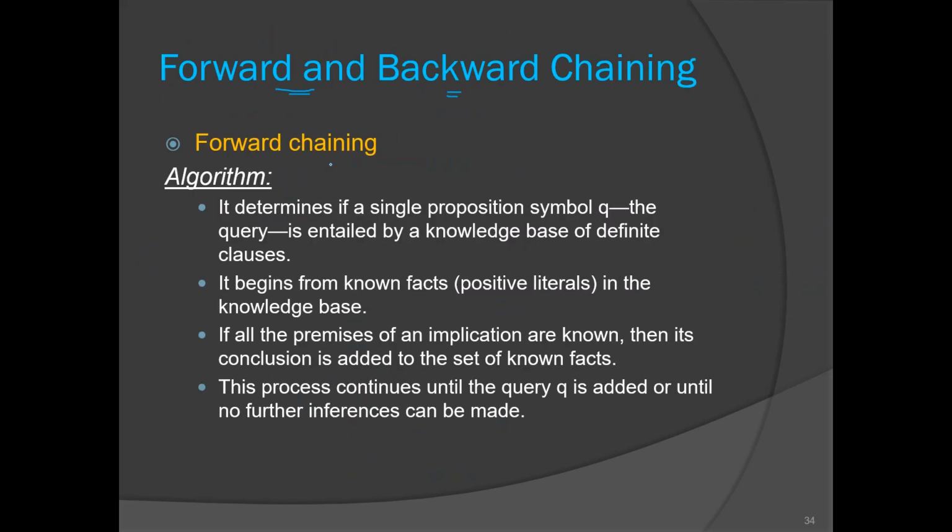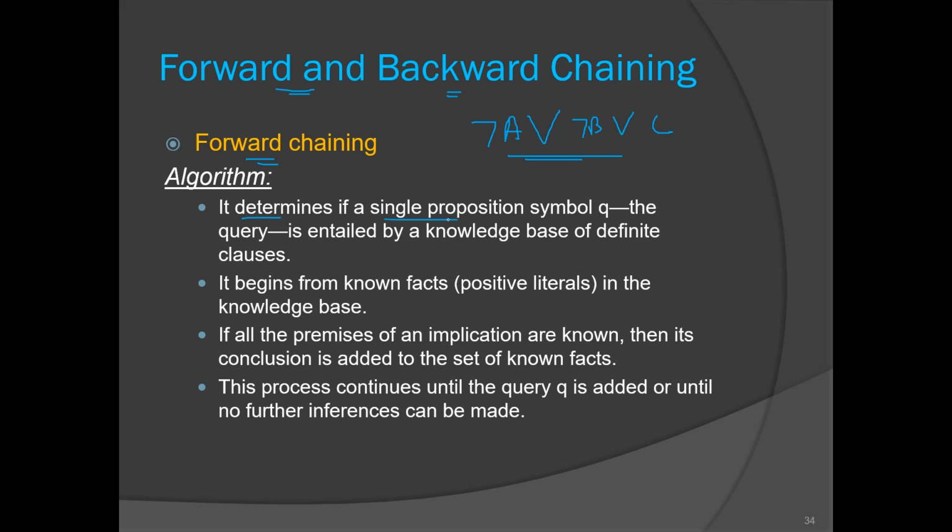They assume that your sentences are in horn clause, that means each premise is a disjunction of literals with at most one positive literal. Now let us see the forward chaining algorithm.